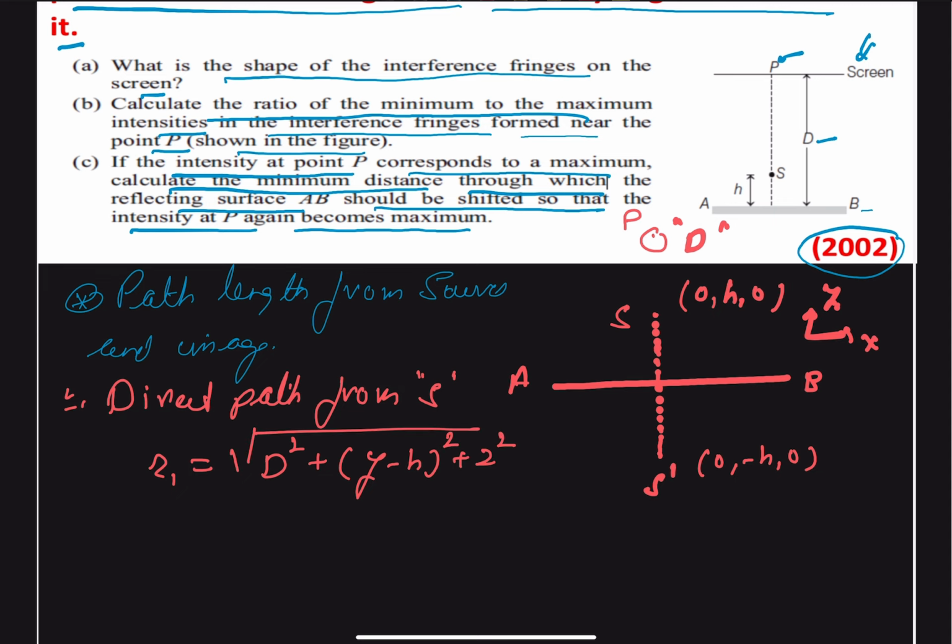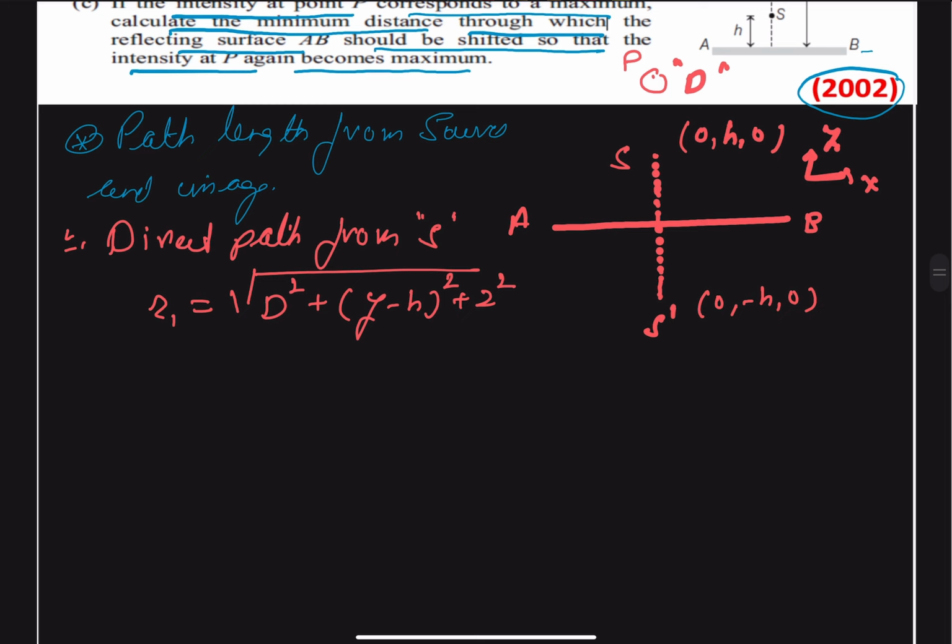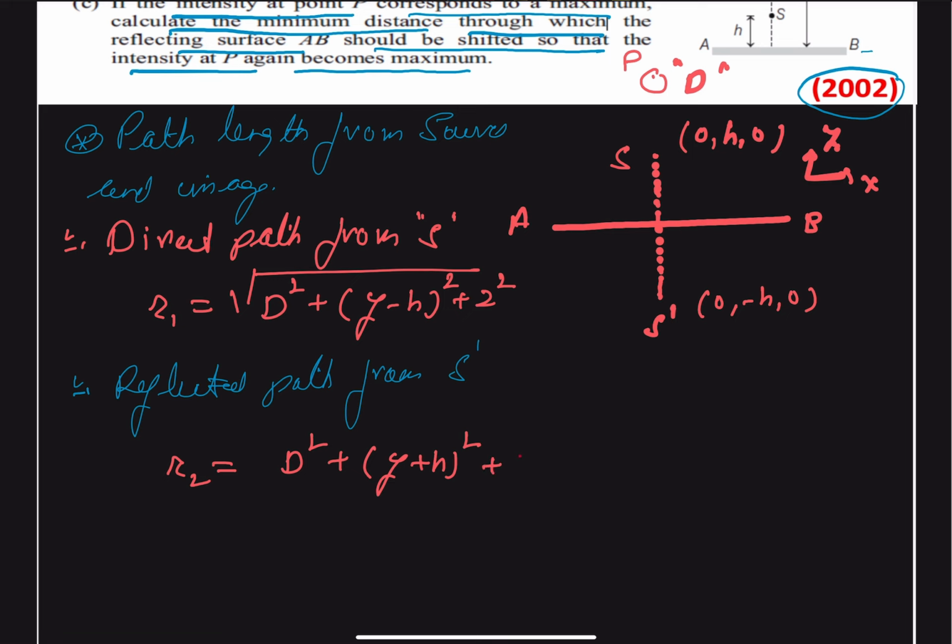And the second one, the reflected path from S prime, let us call that R2, will be equal to square root of d square plus (y plus h) square plus z square.